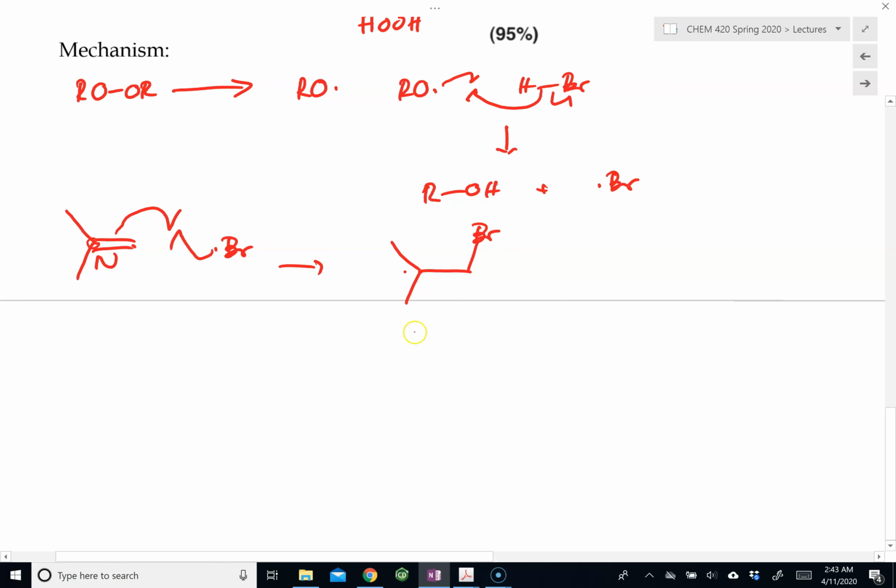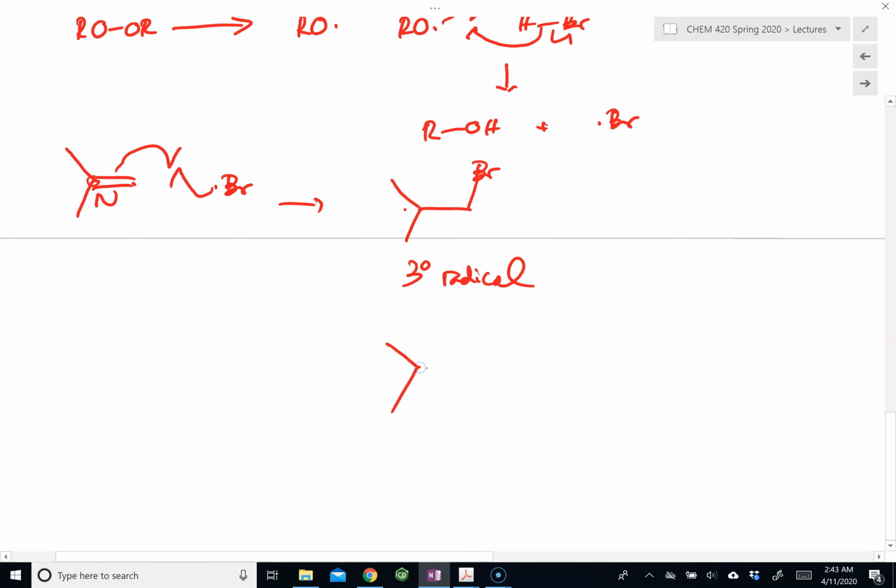In this case, this is a tertiary radical, which is more stable compared to this other radical right here. This would be a primary radical if it were to react the other way, and this is not as stable. So this would not be the major product, but the product is actually the one from above, where we form the tertiary radical.